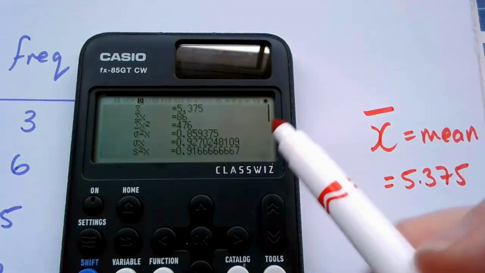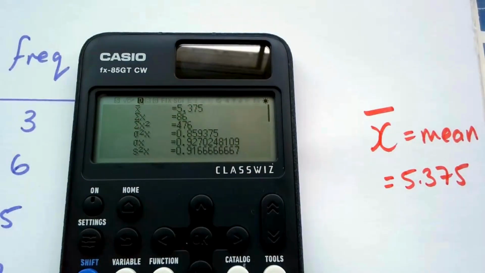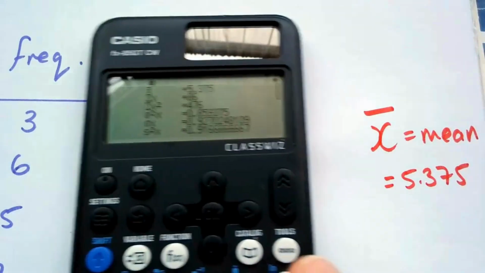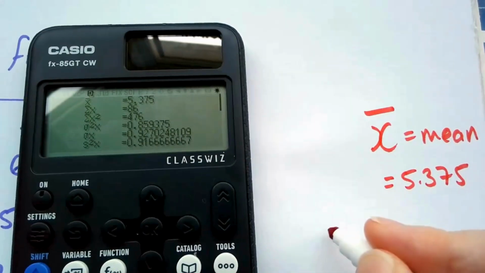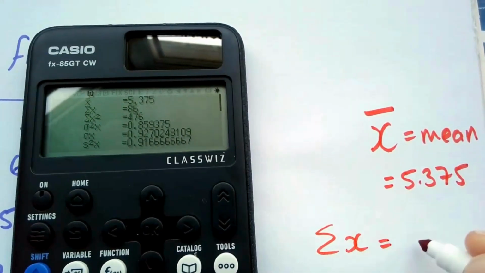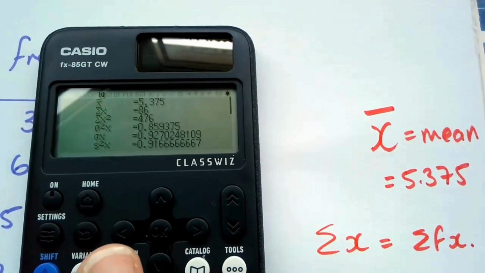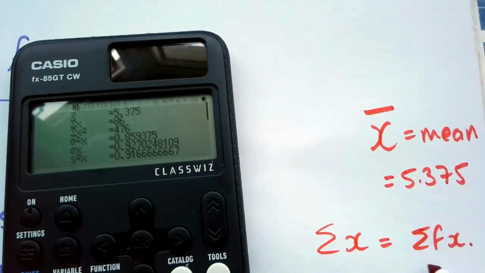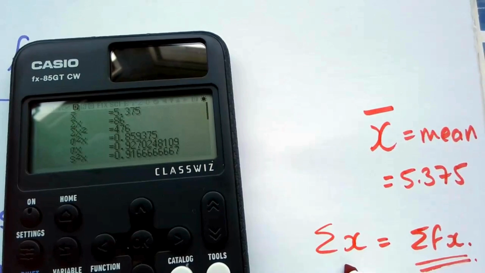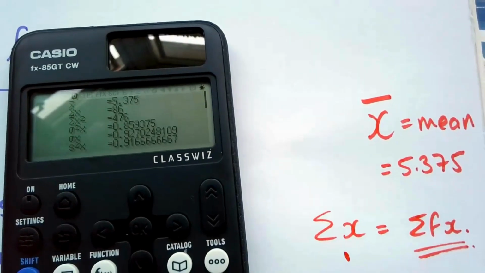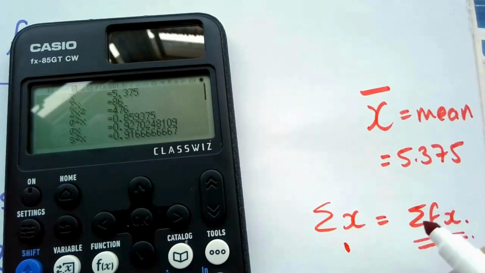It gives us the sum of x, which in this case is actually our sum of fx value, because that is what it is if you work it out. The calculator gives it as sum of x, but it's actually the total of the numbers multiplied together.